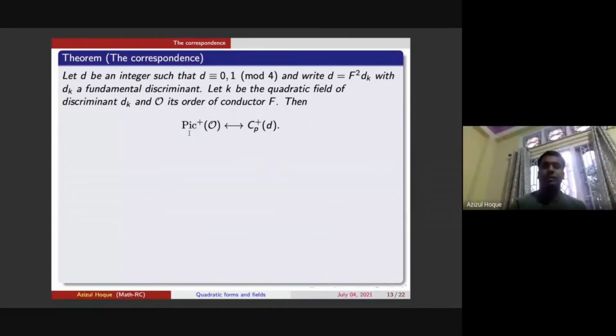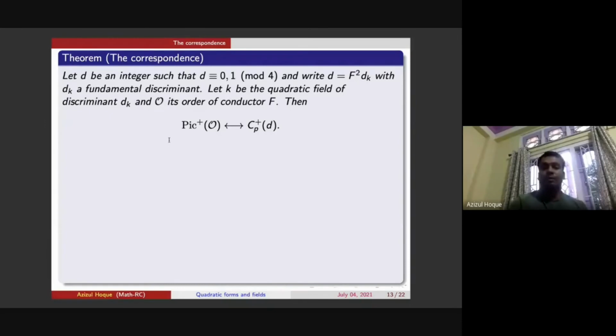Then there is a bijection between the narrow Picard group of this order, that is, the group of fractional ideals of O quotiented by the group of principal fractional ideals in O with positive norm.